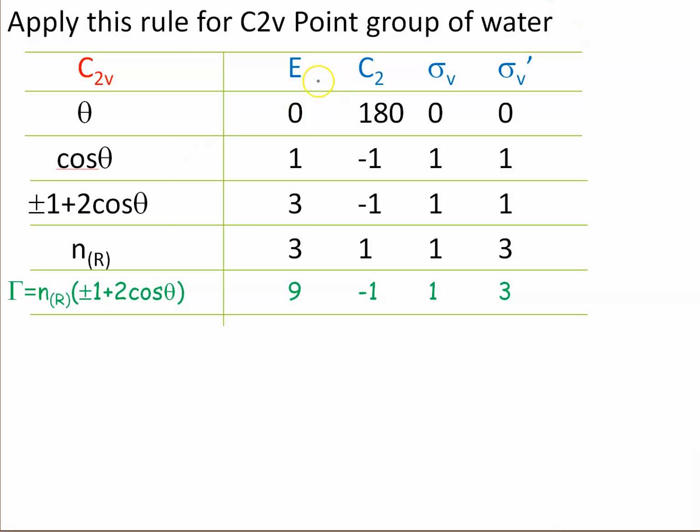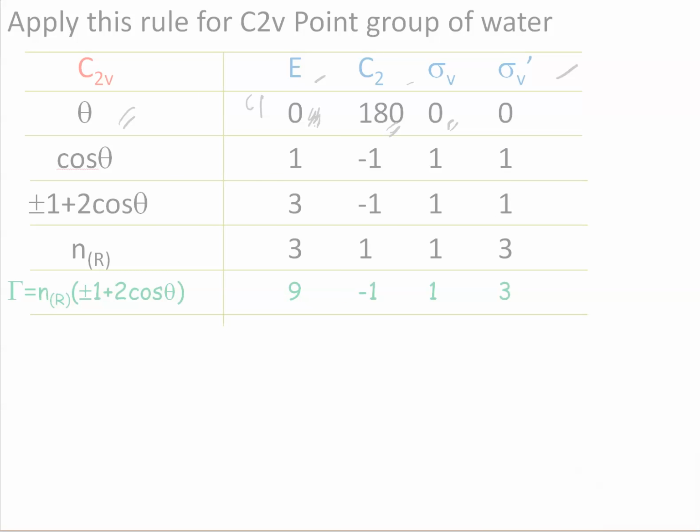C2V, the elements are E, C2, sigma V, sigma V dash. Theta for E: we can write it as C1, therefore theta is 0 degrees. C2 is 180 degrees. For sigma V, the angle is 0.